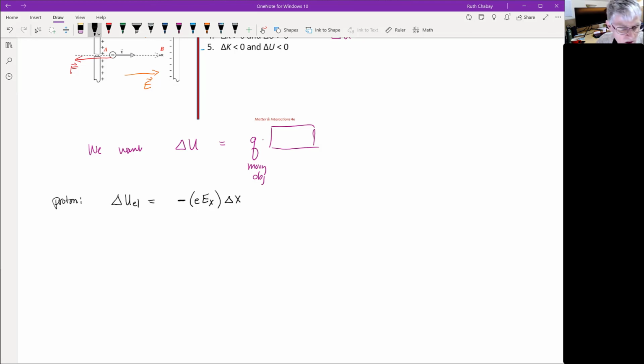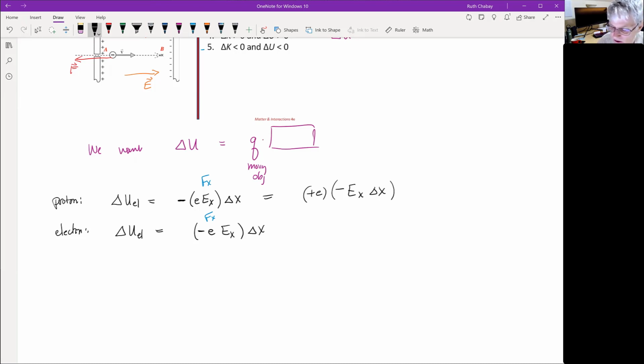So we can rewrite that as a plus e times a minus E sub x delta x. We just move that minus sign over. For the electron, the change in electric potential energy was again the negative of the internal work, but now the force on the electron, F sub x, is minus e times E sub x because it's an electron.